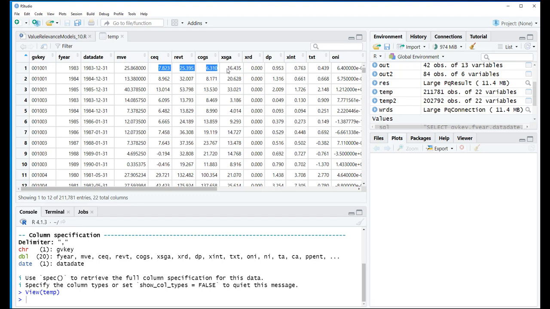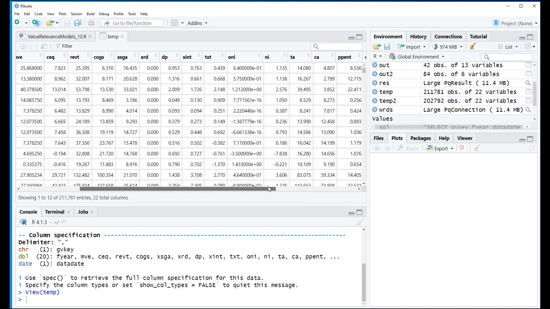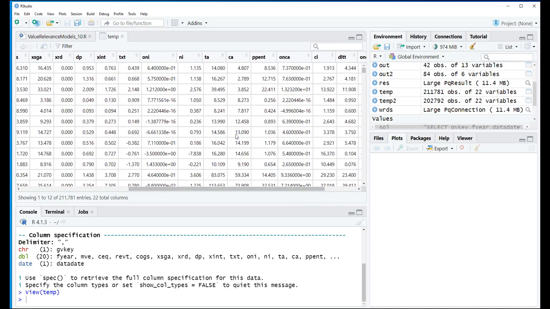Then these other ones are also in millions of dollars, but they are income statement and balance sheet items. So this first one is the accounting common equity value. So this is what the accounting says the book value of the common equity should be. Then we have income statement items, revenues, cost of goods sold, other expenses, and this O&I is other non-operating income.